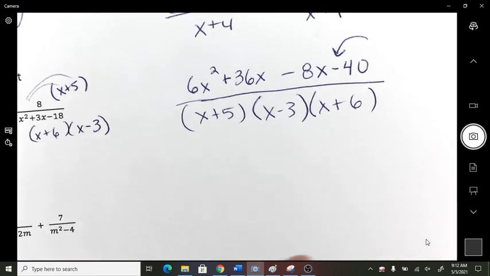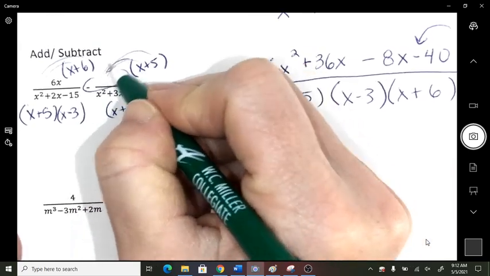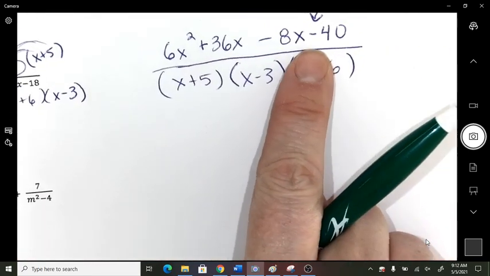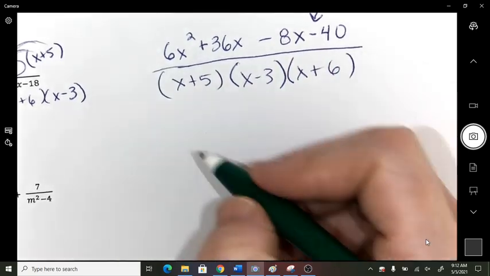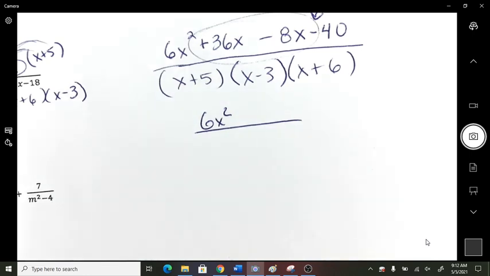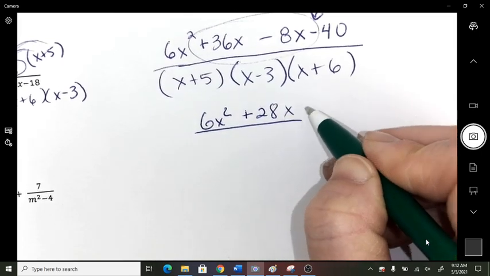Remember, it's really hard to see it. You got to think -8 going through there, right? So that's a hard one. That's sometimes people forget. Okay, and then I can probably just simplify a little bit more by putting the x's together. What do you get there? 28 of them.